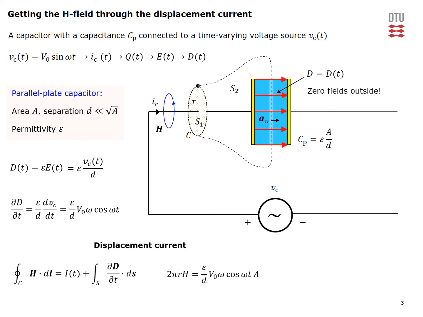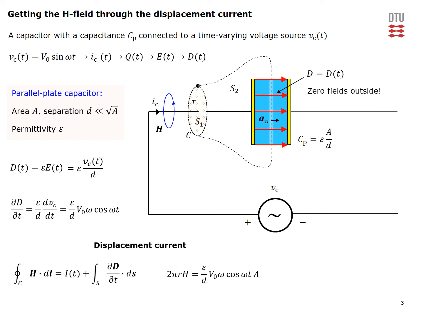So in this calculation, the left hand side is of course 2 pi r times h. This is coming from the circulation of the magnetic field intensity along this path. This is equal to this current, and this current is of course equal to 0 when we consider surface S2, because there is no conduction current flowing through the capacitor. But then we have this other term which then takes over. D and the S element, which is the differential surface element of our surface inside here, will be in the same direction.